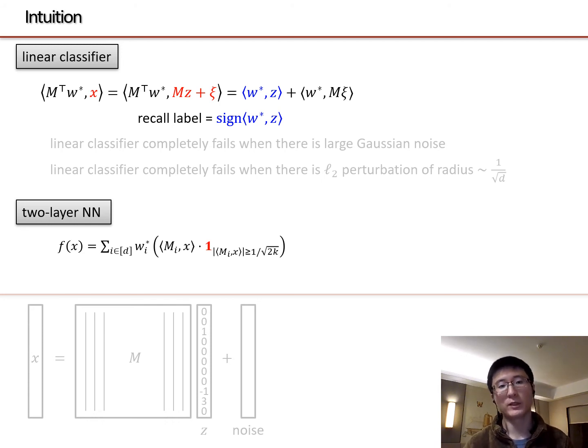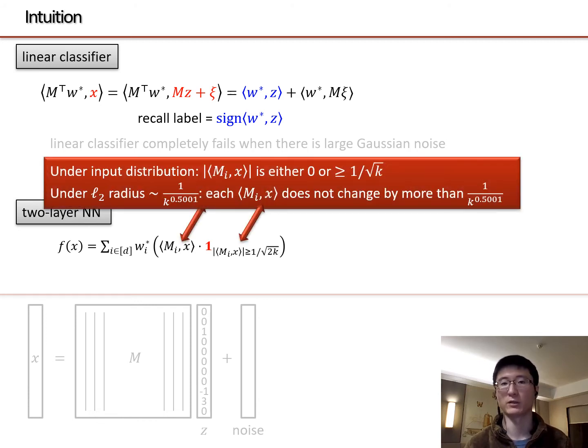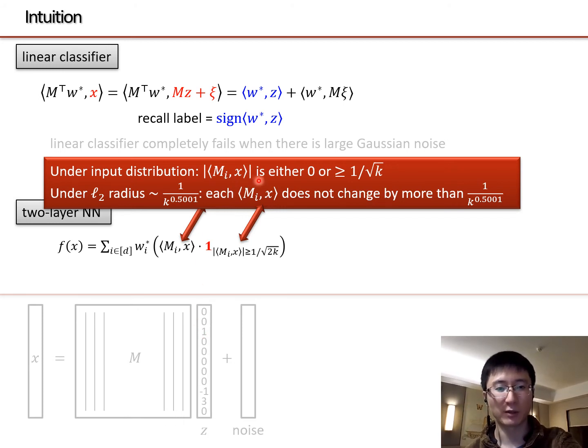And now let me try to convince you why this function is robust against a very large L2 perturbation, in particular an L2 perturbation of radius 1/√k, which is much larger than 1/√d. Let me convince you why this is true. Okay, so if we look at this quantity like mi times x, if you don't have noise, then this is nothing but the ith coordinate of z, right? Remember, z is a sparse vector, so it's either 0 or that coordinate is at least larger than some threshold.